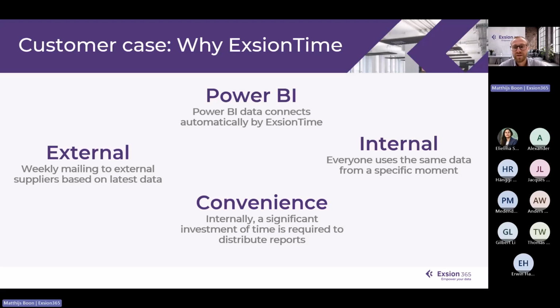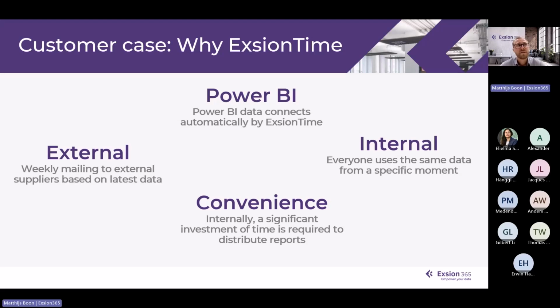What we've seen at customers: internally, you could send it on a weekly, daily or monthly basis to all your coworkers, who will get the same reports at the same time with the same data from a specific moment. But you could also share your action reports with external people.